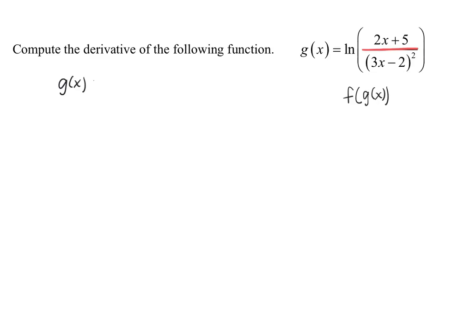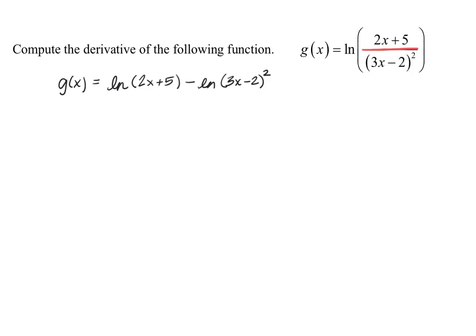We know that quotients are going to expand into subtraction. So this logarithm will expand into the natural log of 2x plus 5 minus the natural log of the denominator, which is 3x minus 2 squared. So that's called the quotient rule for logarithms.